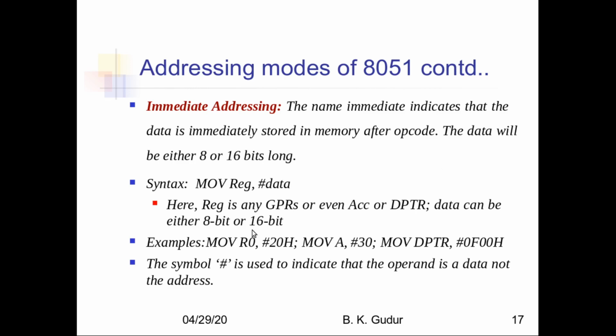Keep this in mind: the hash symbol is used to indicate that the operand is data, not an address, because if this hash symbol is removed, it will become direct addressing mode, which we are going to discuss shortly.